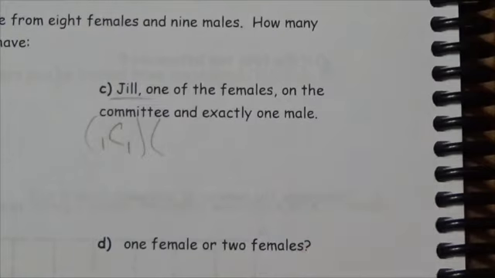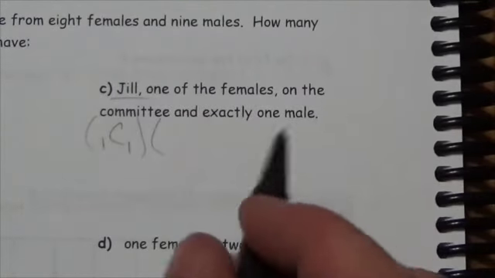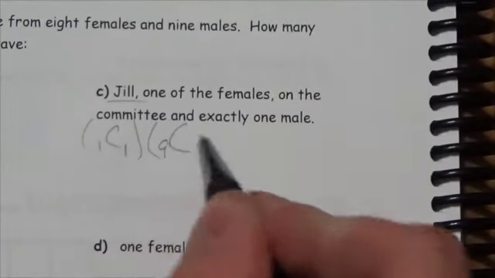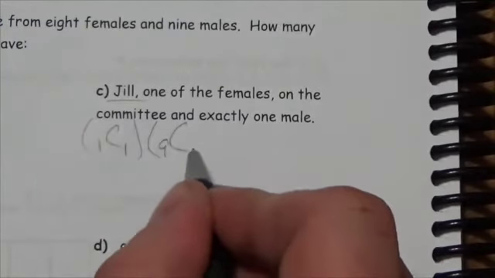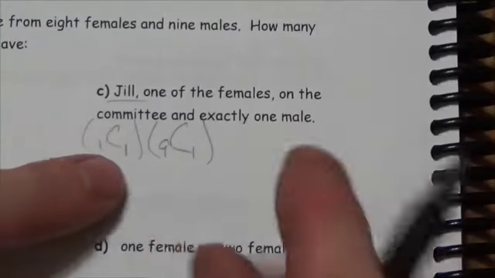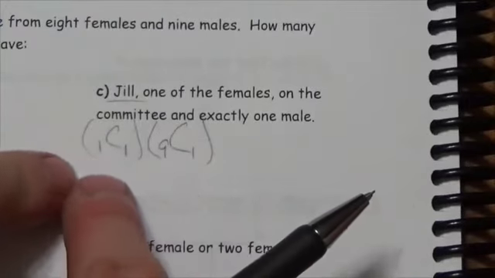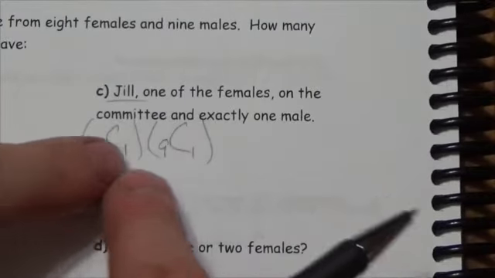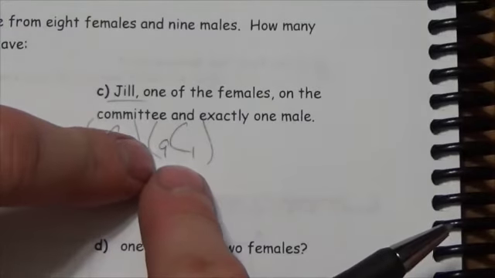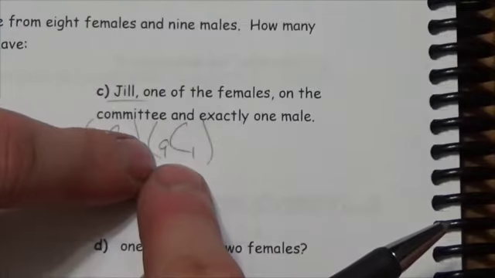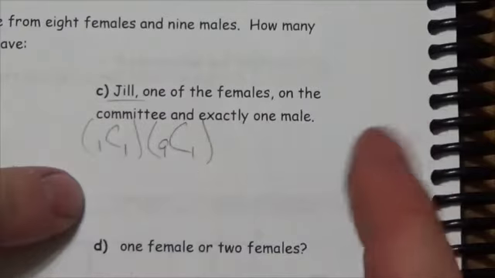We're not told who that male is. Of the 9 males we can choose from, we're just going to choose exactly 1. Here's the difference between these two. This is choosing a very specific person. This is choosing anyone, not a specific male, just a male out of the group.